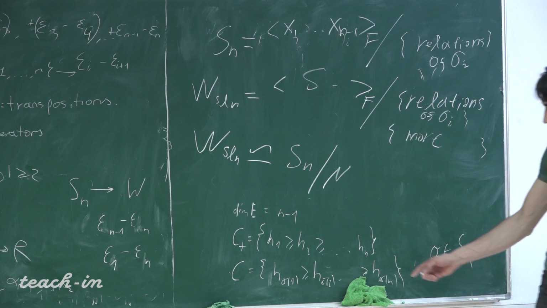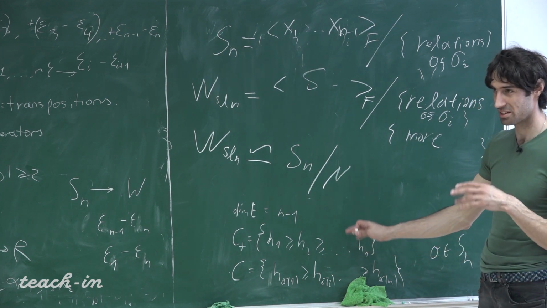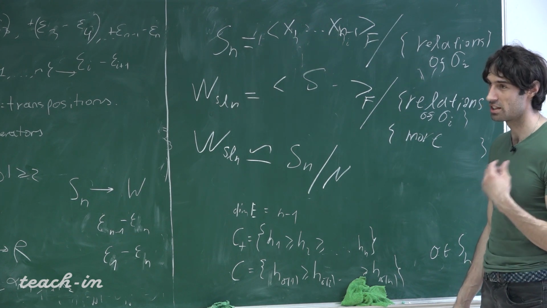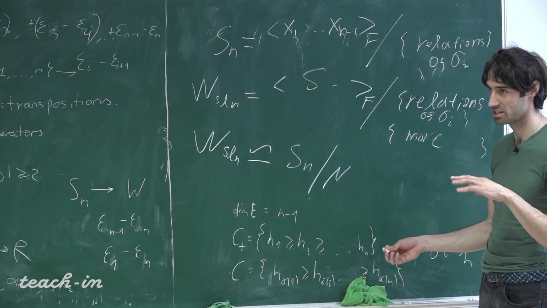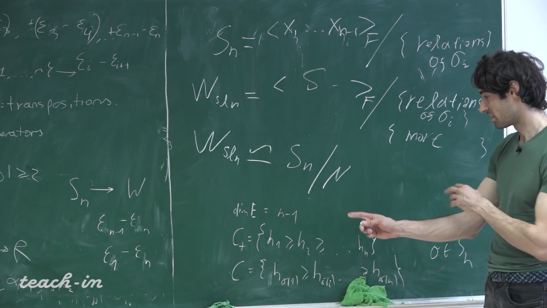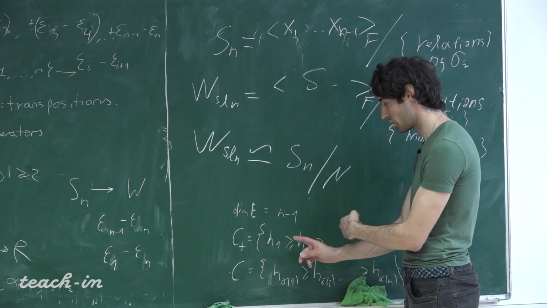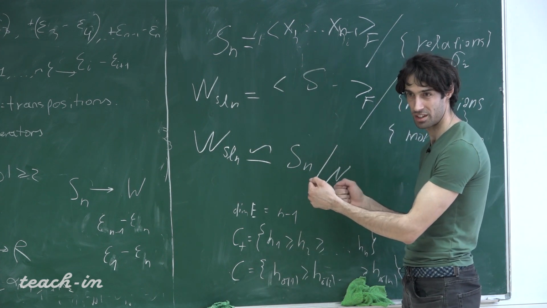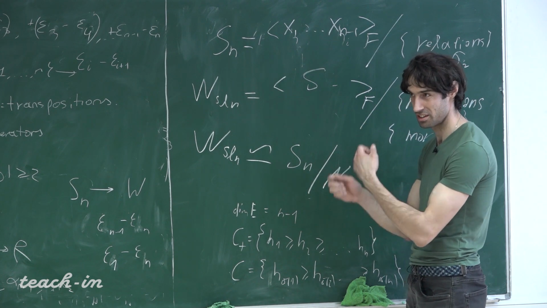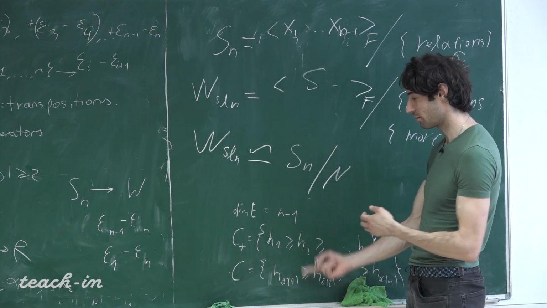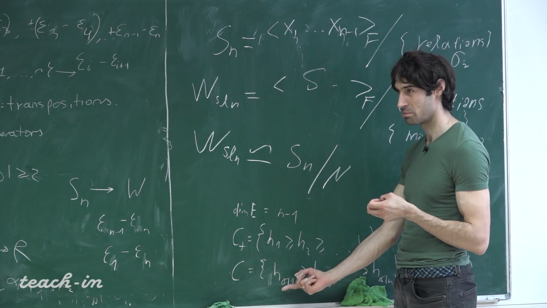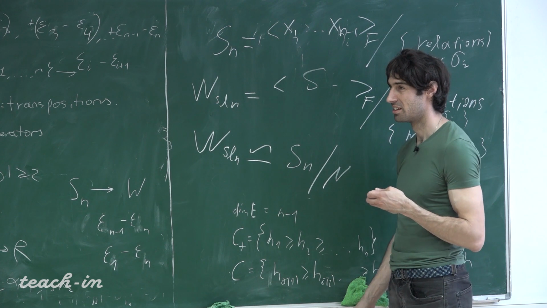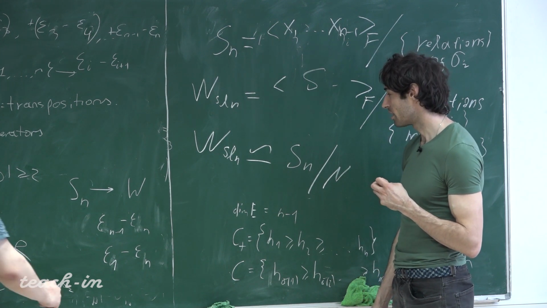You can see this can be done by hand. The different permutations give you different Weyl chambers, because you just interchange the Hi, and Hi cannot be greater than Hj and less than Hj at the same time. So all permutations give you different Weyl chambers. So you have at least that number.